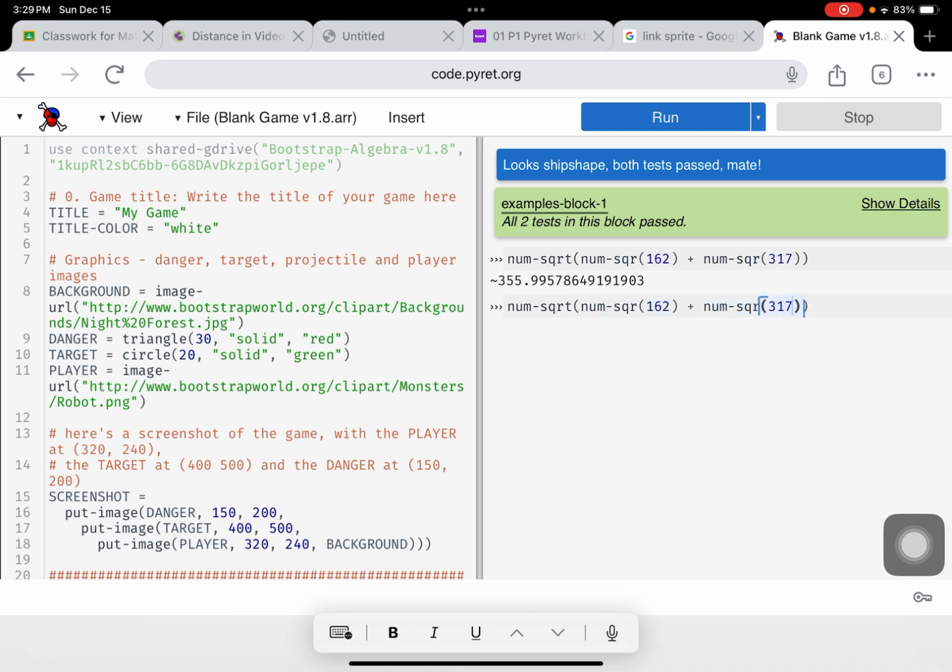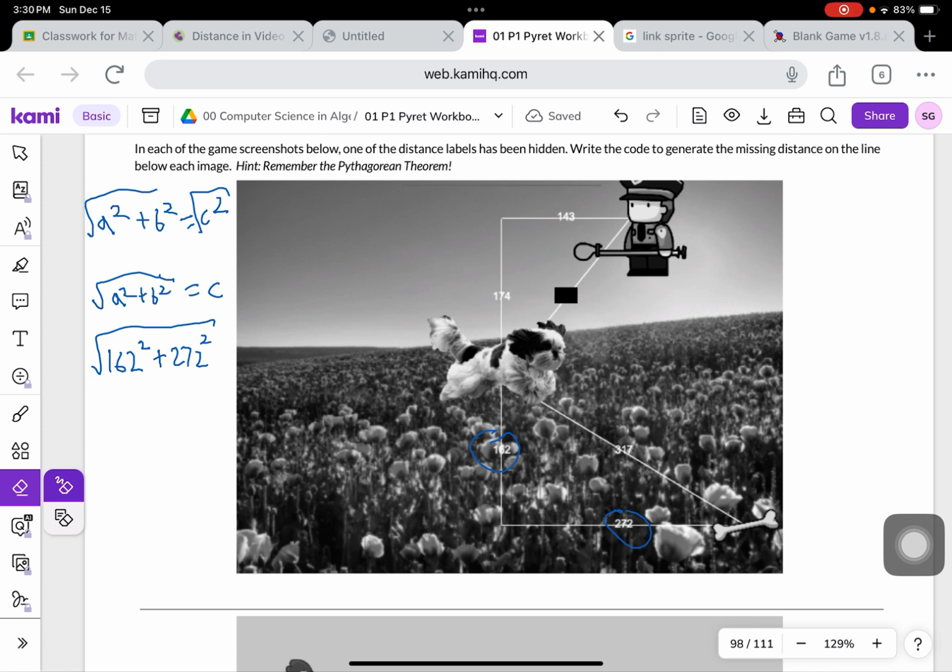So on Pyret, to take the square root, it's num dash sqrt, and then the square is num dash sqr. And so that's about 317.